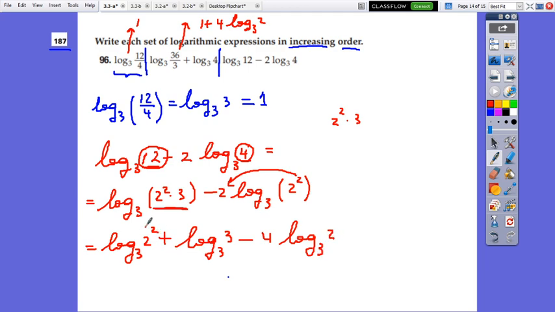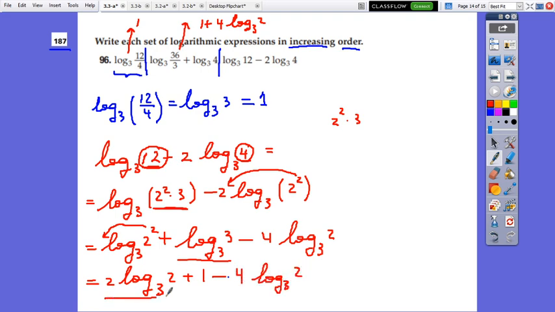And the 2 goes outside the log, it will be 2 log base 3 of 2 plus log base 3 of 3 is 1, minus 4 log base 3 of 2. Collect the like terms and simplify them. It will be 1 minus 2 log base 3 of 2.